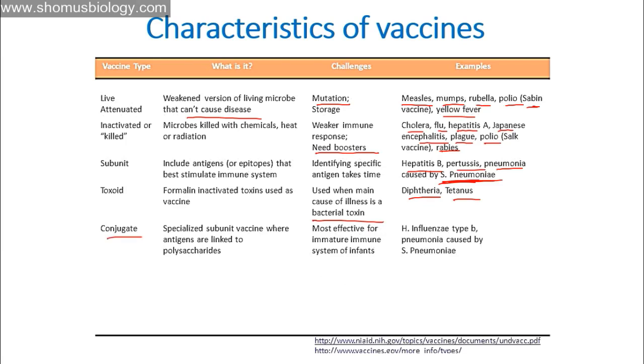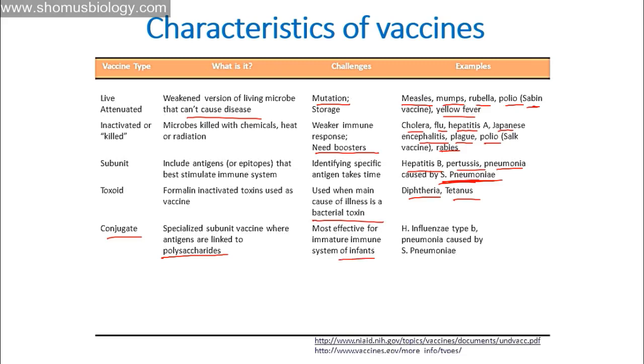Conjugate vaccine. A conjugate is a specialized subunit vaccine where antigens are linked to polysaccharides. As I said, antigens sometimes need to be linked with larger protein fragments and polysaccharides. These are most effective for an immature immune system, or for infants.